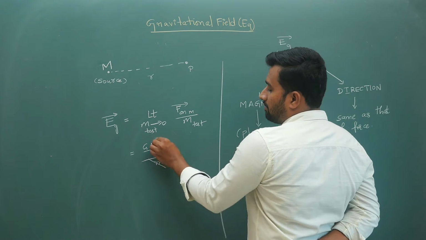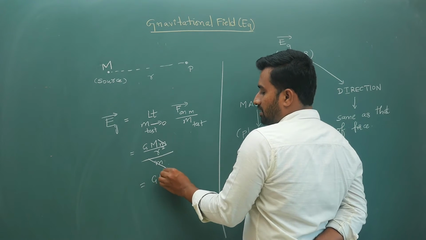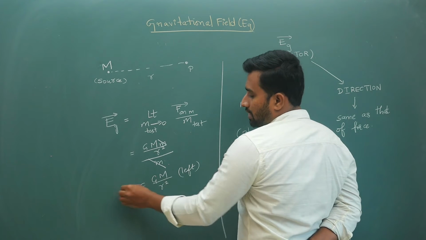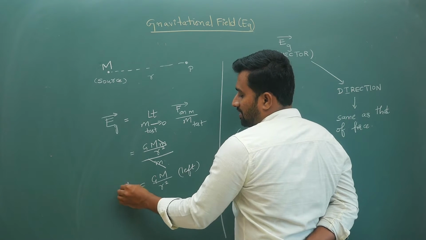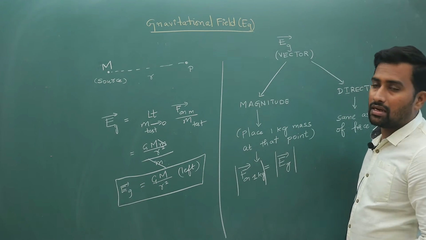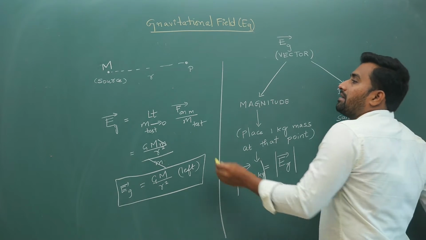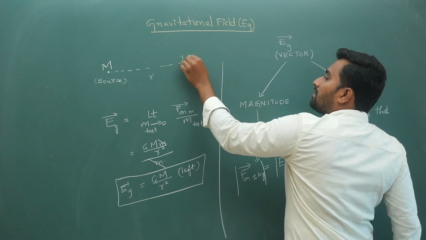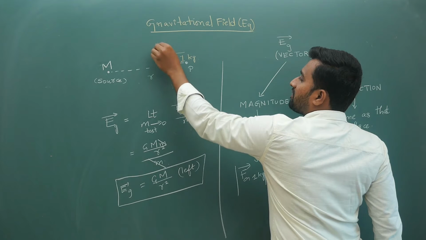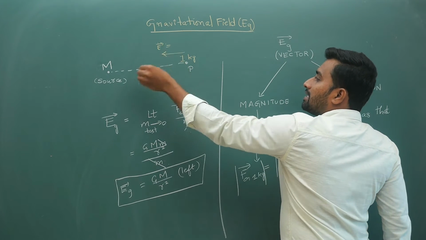So m will go off, and you are going to get GM by r square, direction is towards left. Your gravitational field is GM by r square and it is towards left. If you directly want to calculate this, if you place 1 kg at this point, your field direction is this way because there is attraction.